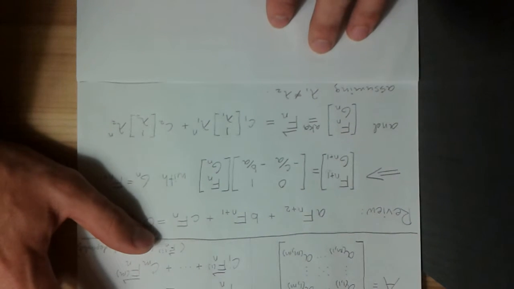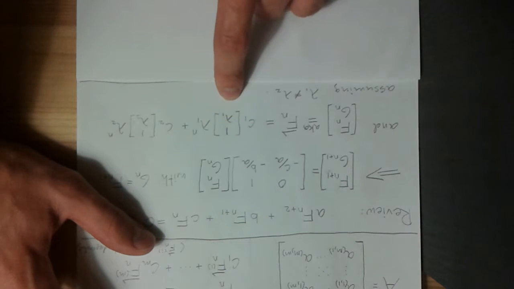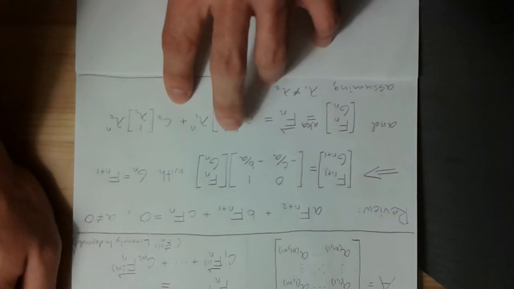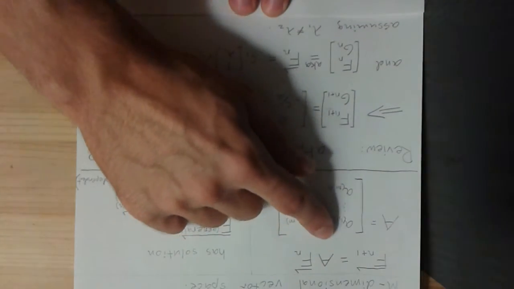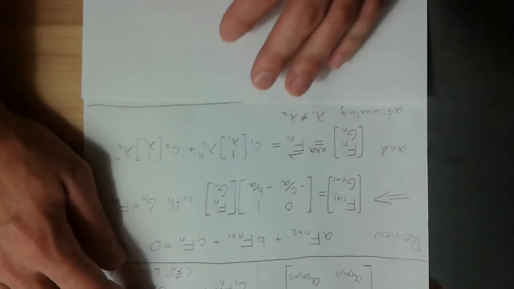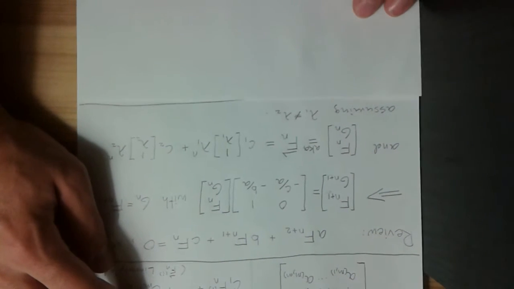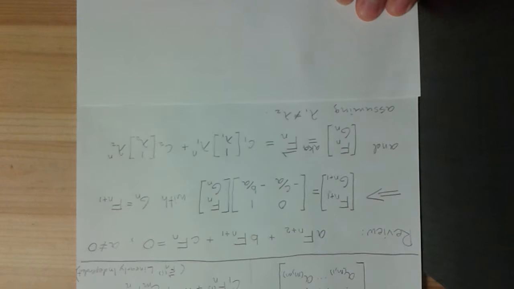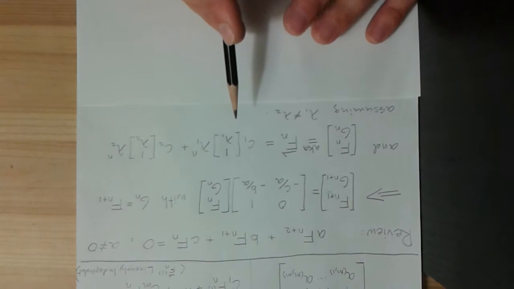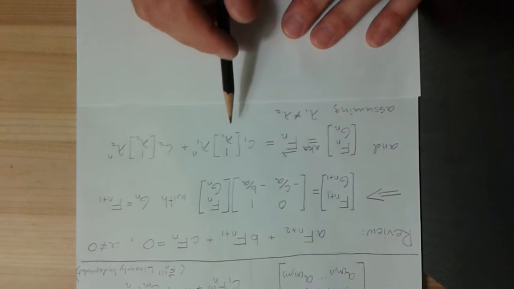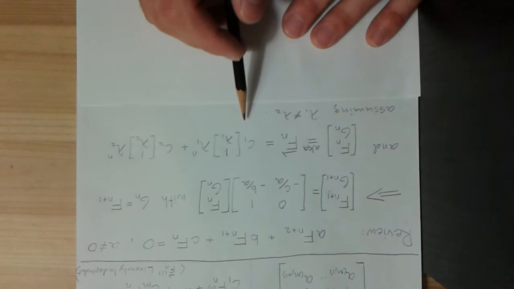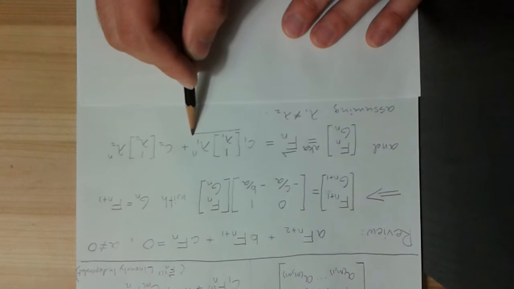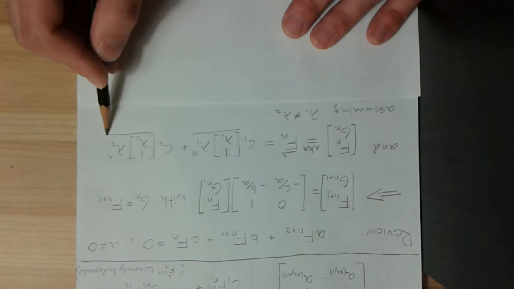So anyway, what this does do is it lets us see more or less what the solution in general to one of these things would be. We can make a very general guess. What we can see here is, because of the superposition property, and because we know that the solution is just a linear combination of linearly independent pieces, that this is one solution and this is the other solution.